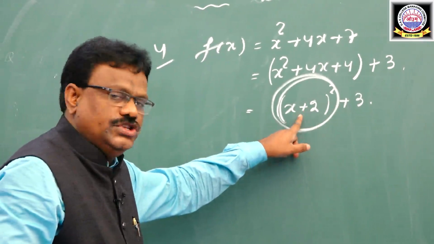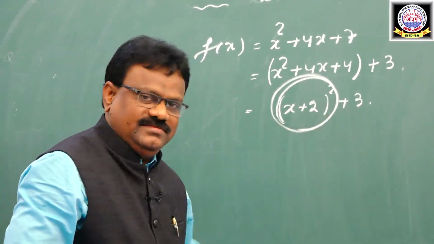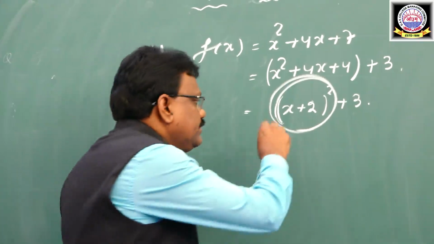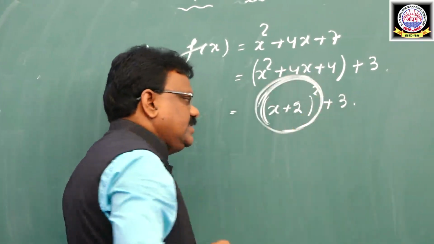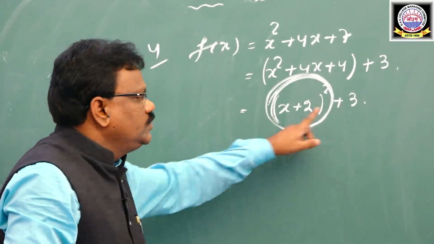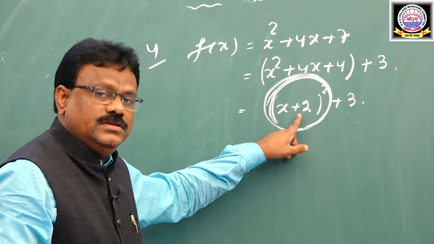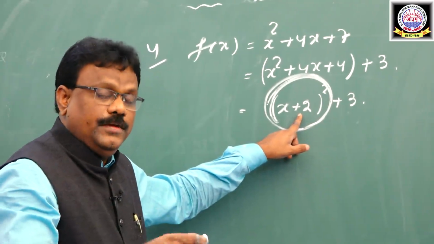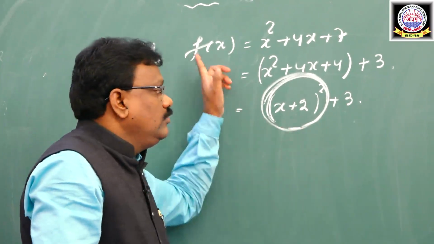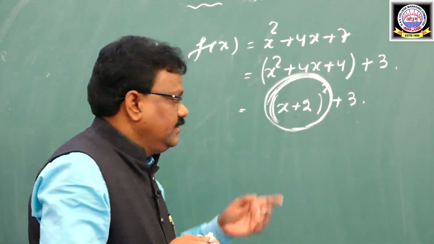And when it is 0, at that time the value of the function will be 0 plus 3. If the value of this expression is greater than 0, then the value of the function will be greater than 3.